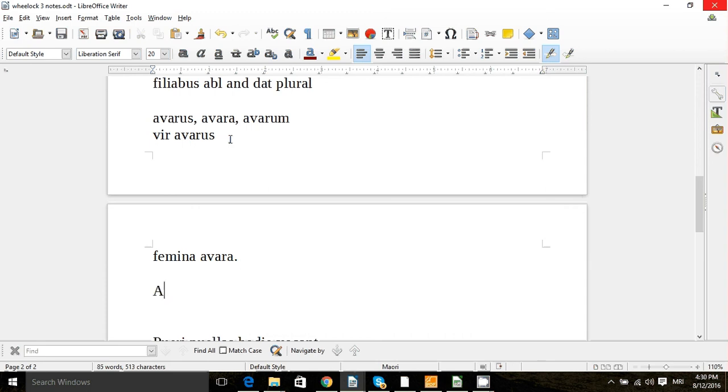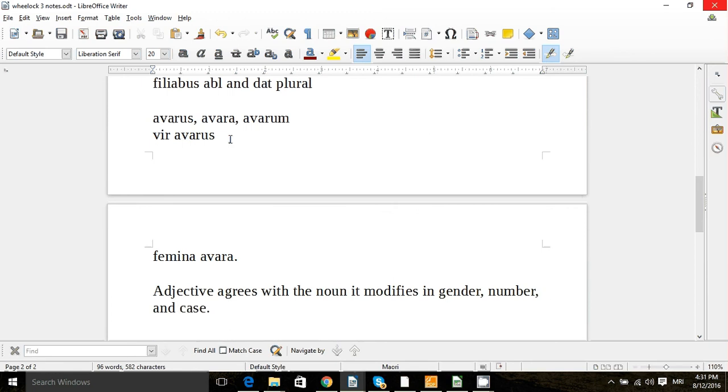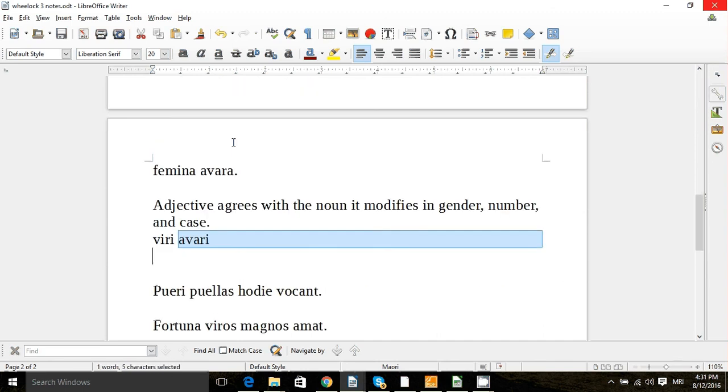So here's something to note down in your notes. An adjective agrees with the noun it modifies in gender, number, and case. So we could also say viri avari, of a greedy man. It's genitive singular. Viri is genitive singular masculine, so avarus has to change into avari, genitive singular masculine.